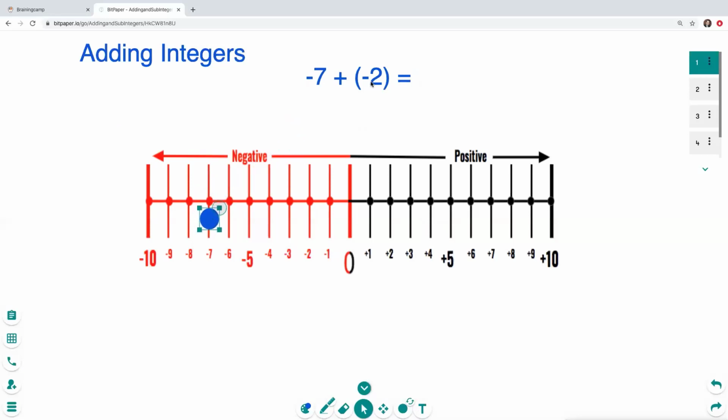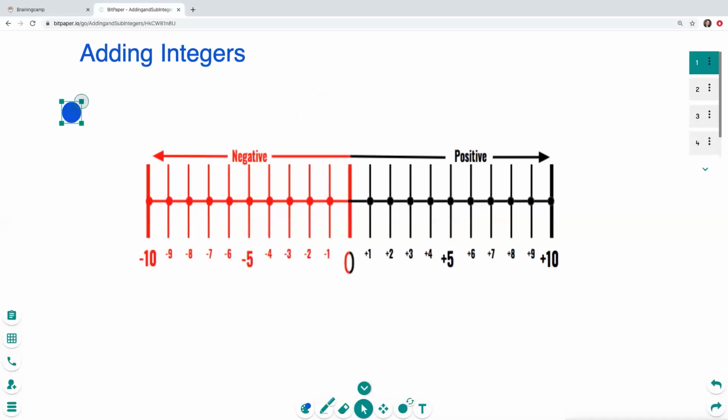Now I'm adding -2 to -7, so I am going to be moving in the negative direction, 2 spots, 1, 2. So as you can see, -7 plus -2 equals -9. Anytime you have 2 negatives and you're adding them together, you will still have a negative number for your answer.